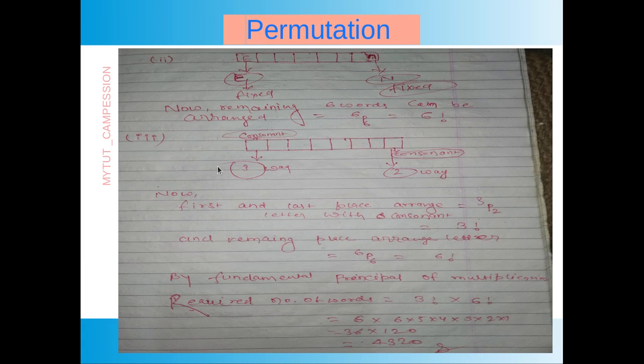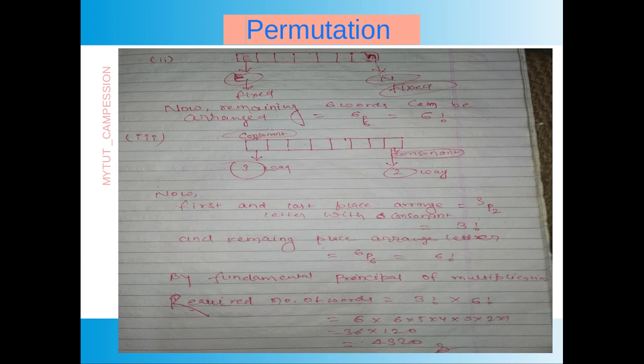So the selection and arrangement of consonants is 3P2. R is given as 2 because 2 arrangements are needed, that is, arrangements of 2 from 3 things.